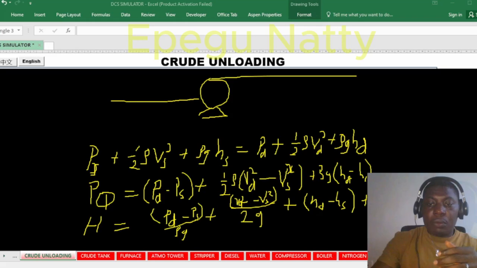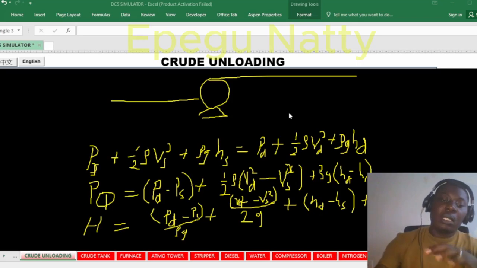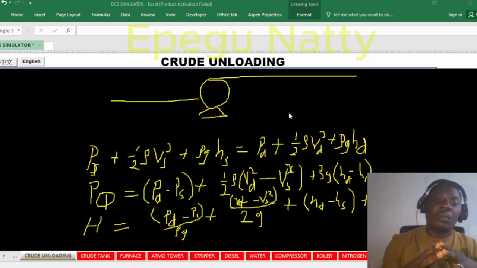So we just have the head loss at the discharge plus head loss at the suction. All right, now this is actually the formula for you to calculate your head loss.